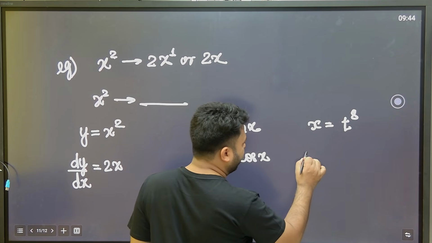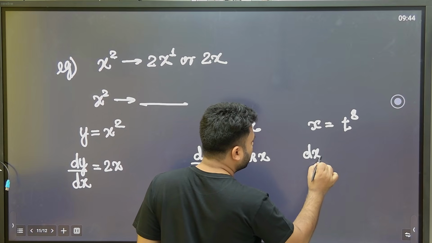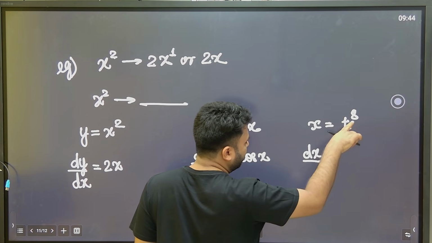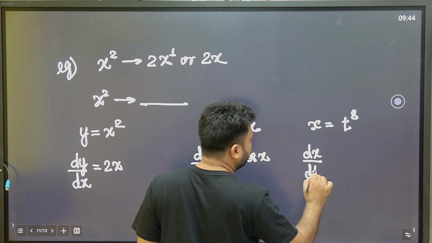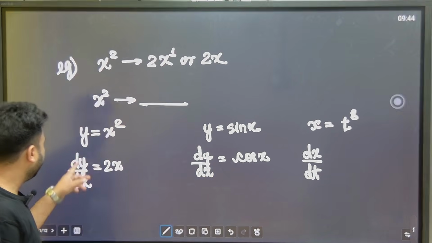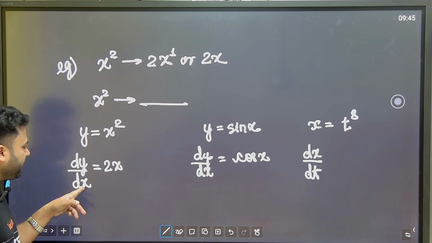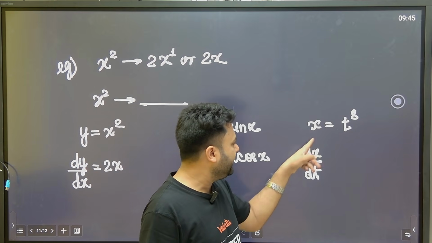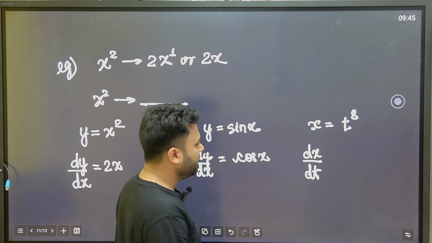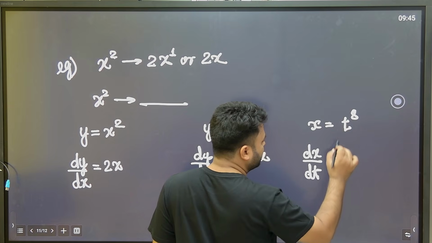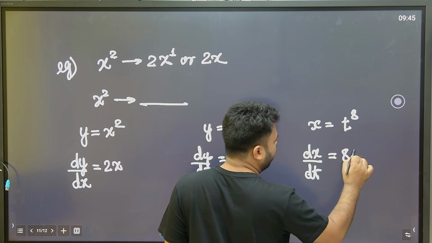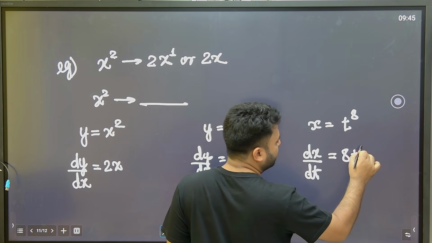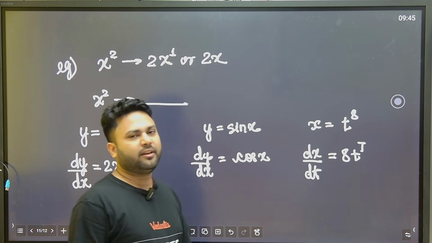So here you will write dx by, here we have variable t, so dt. See, here we had y, here we had x, so dy by dx, x and t, dx by dt. So dx by dt will be, first we will write power, then the variable, then power minus 1, that is 7. This will be the answer.